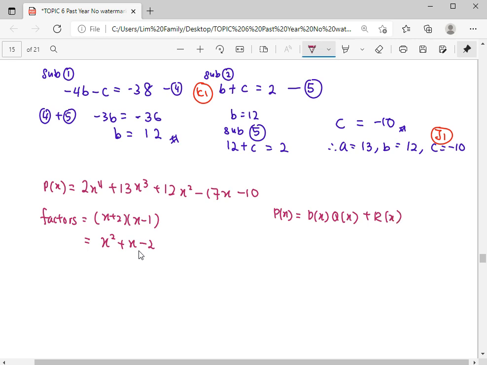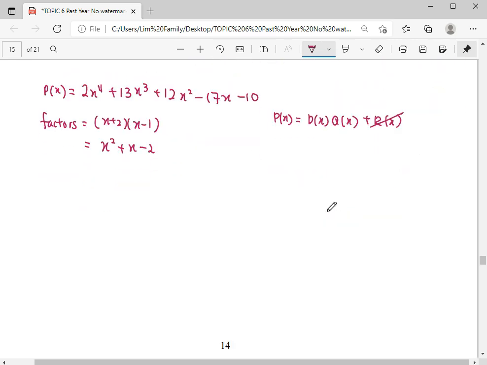So for a factor, your remainder will equal 0. So your quotient is your factor, your divisor is your factor. So you divide by your divisor factors here, you can get other factors. So we take this polynomial, 2x to the power 4 plus 13x to the power 3, and do our long division.